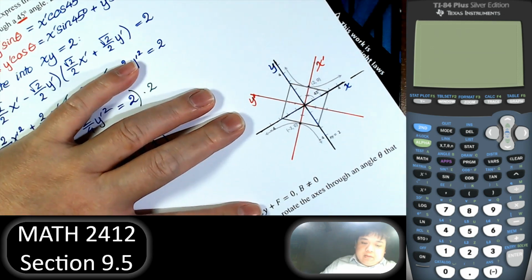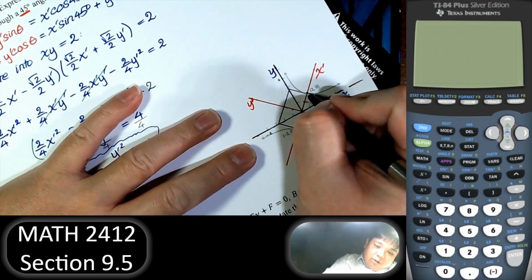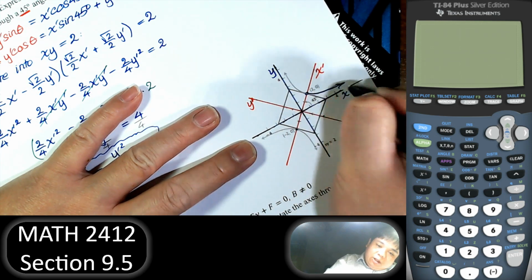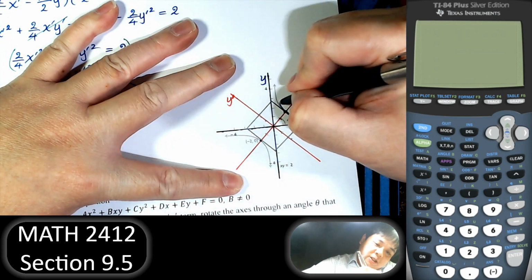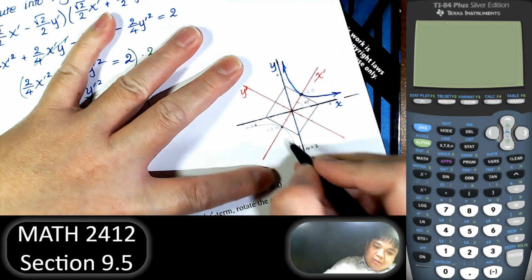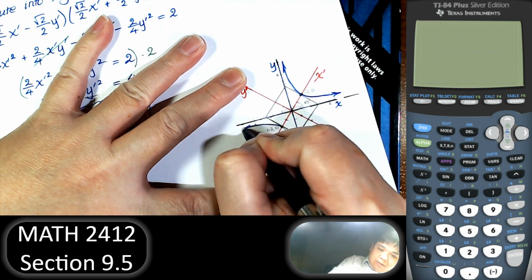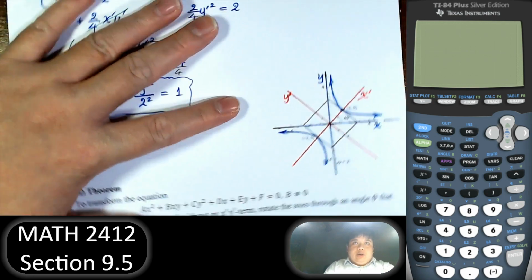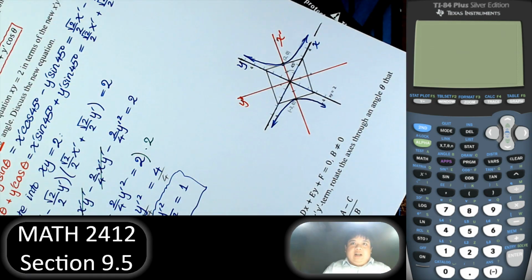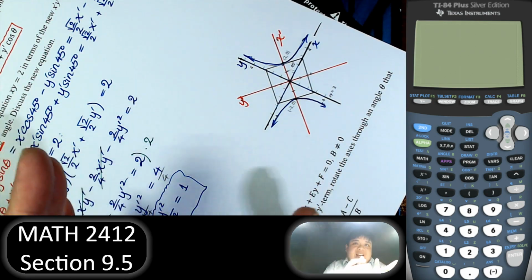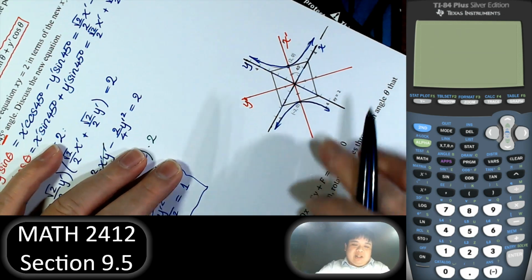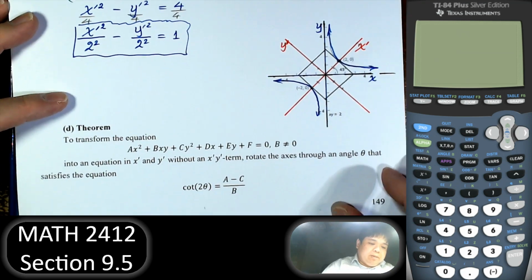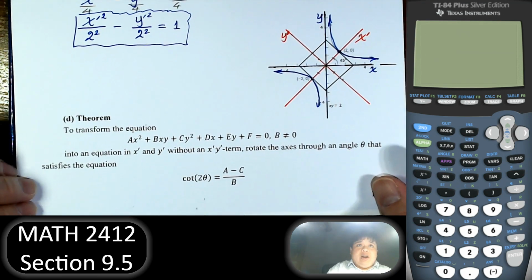And then the hyperbola starts from the vertex approaching the asymptotes. So that is a hyperbola. If we rotate, that's going to be on the x prime axis. So it's not really vertical, but it is going to be kind of vertical if we look at it that way. Right. So that's simple enough, right?